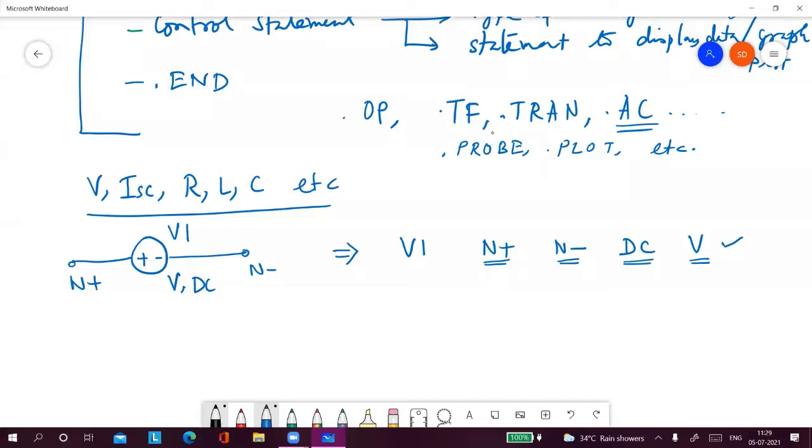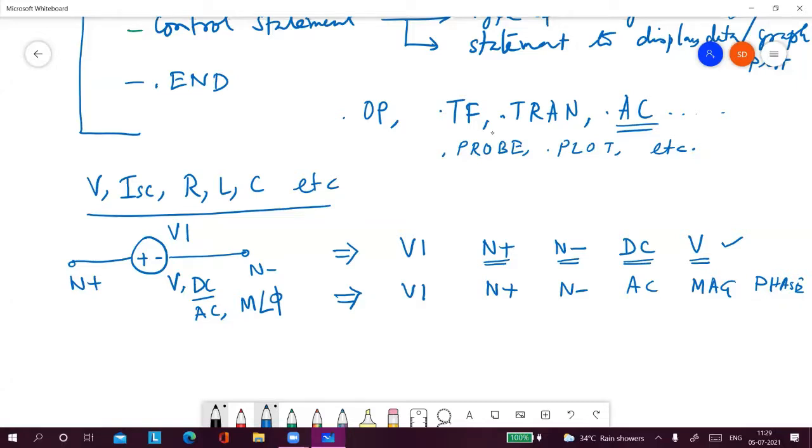Now here we have a DC source. If you have an AC source, we know there are two quantities, the magnitude as well as some phase. In that case, the SPICE statement will be V1 n plus n minus AC, then the magnitude of the AC source and the phase.